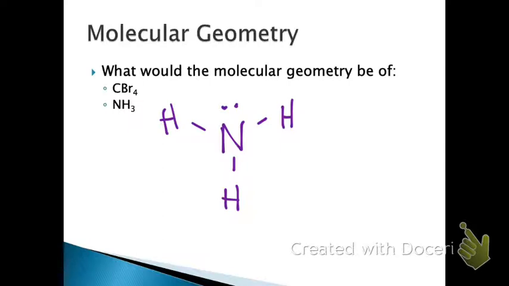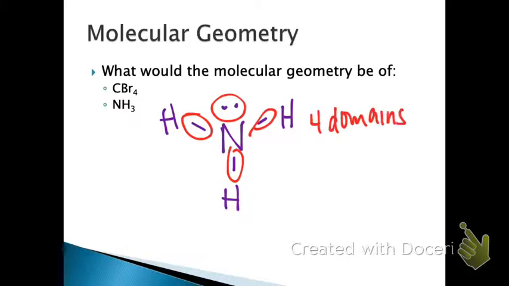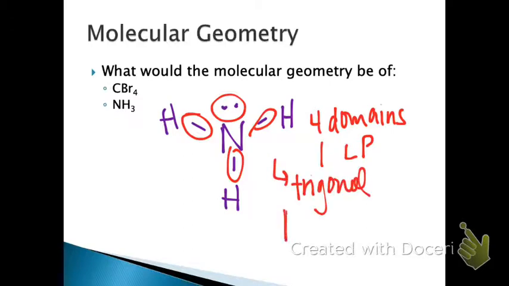So we need to count total domains first, which would be 1, 2, 3, 4. So 4 domains, 1 lone pair, which means trigonal pyramid.